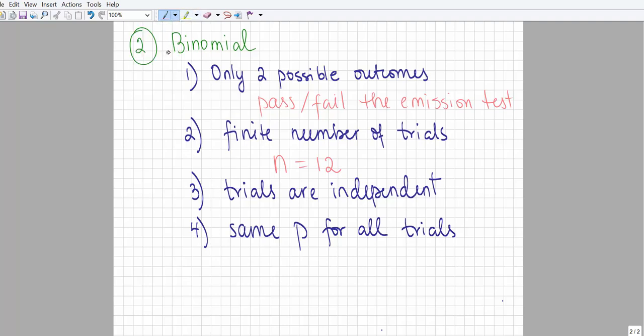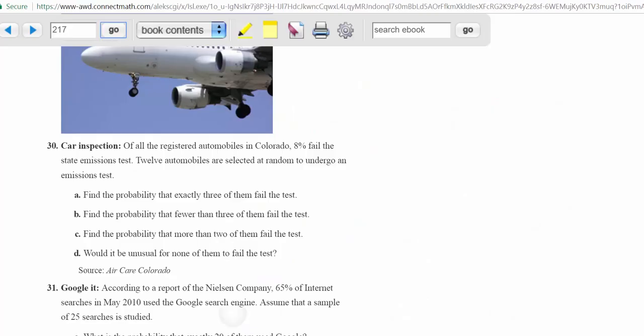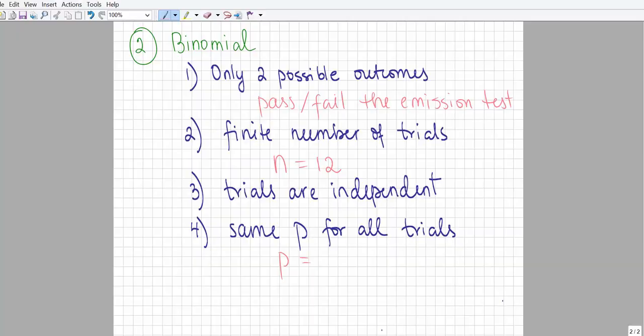Also, what is this P? In our case, our P is, let's take a look at what the problem says, 8%. So probability of success, and I know in this case it's not exactly the good thing, is 0.08.